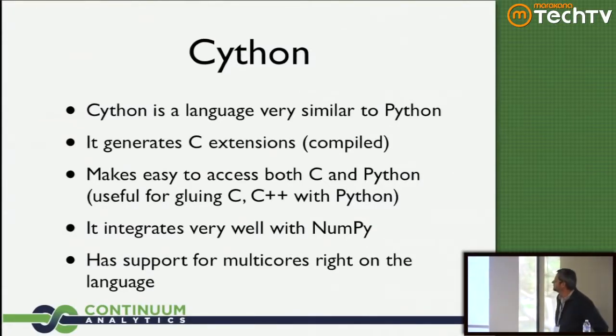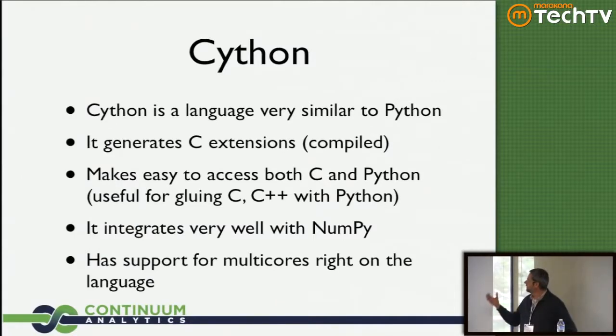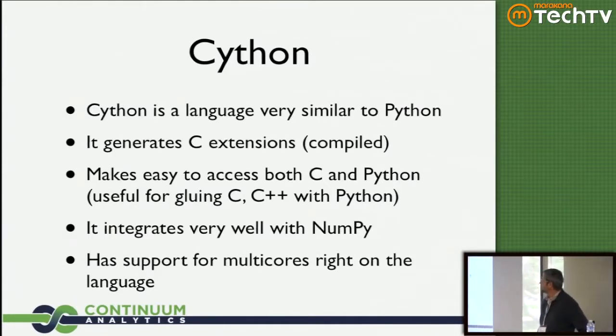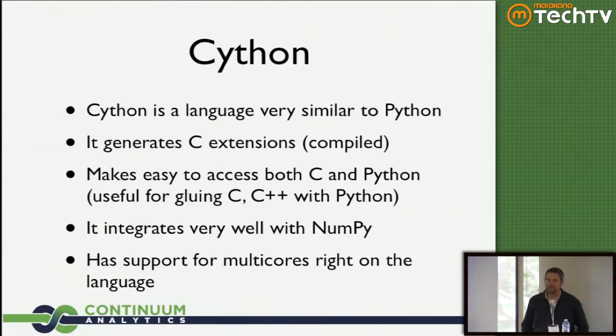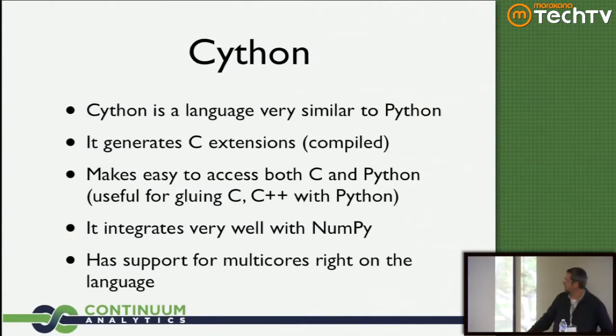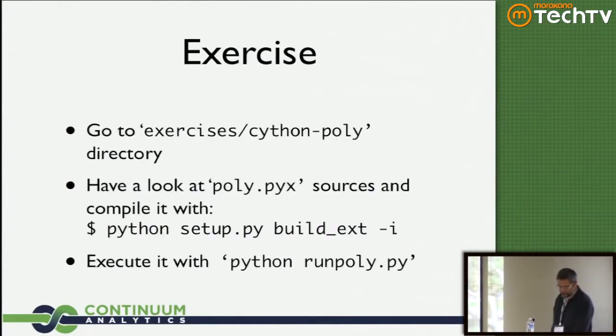The most important capability of Cython is that it is very easy to access both C and Python libraries from it, and it's very useful for gluing C++ libraries with Cython. In addition, it integrates very well with NumPy, as we will see too, and also has support for multicores right in the language. This capability was implemented last August. It's really important, and we are going to exercise that too.